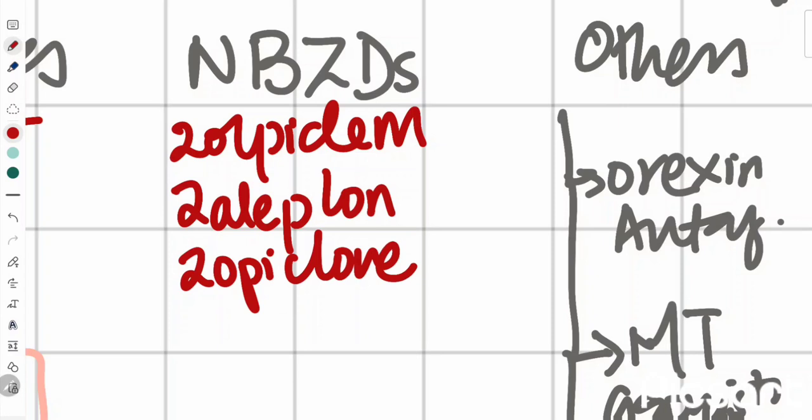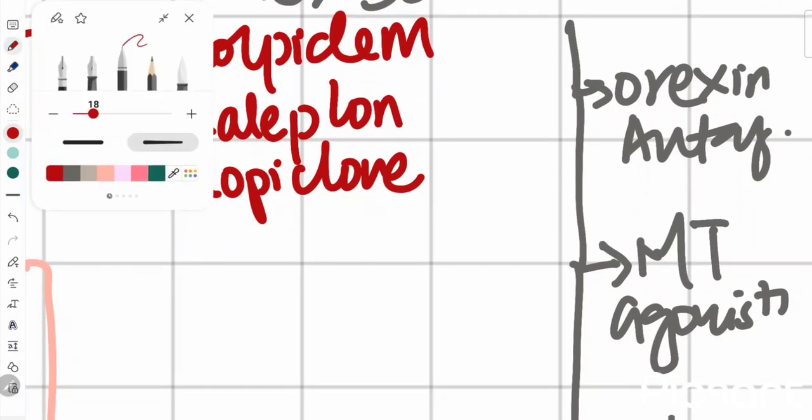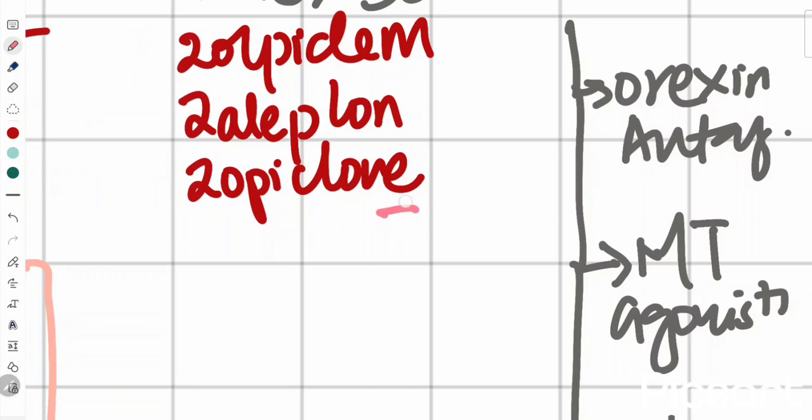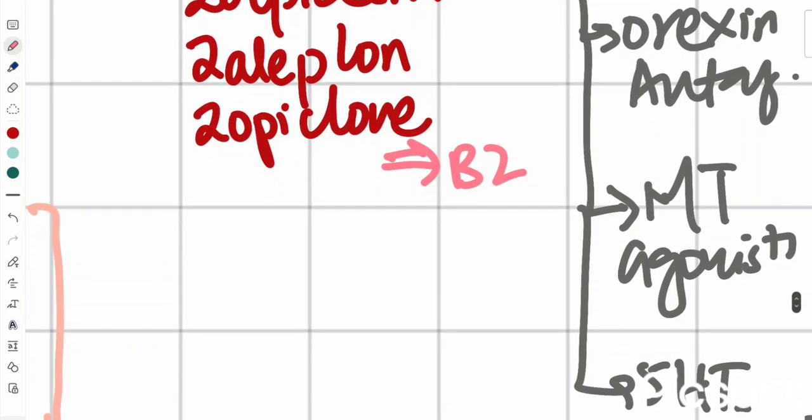These all act via the BZ subtype again. So these are also acting via the receptor subtype. So basically, it is the same receptor site, but its chemistry is different. It's non-benzodiazepine. The chemistry is different altogether.